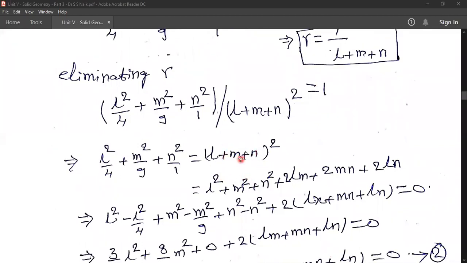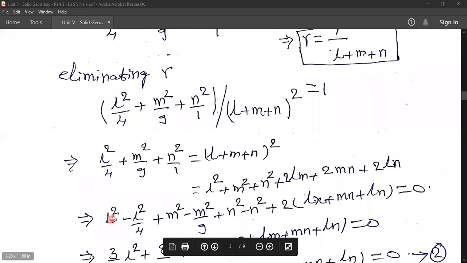If you expand this, making use of (a + b + c) squared = a squared + b squared + c squared + 2ab + 2bc + 2ca, I get l squared + m squared + n squared + 2lm + 2mn + 2ln.